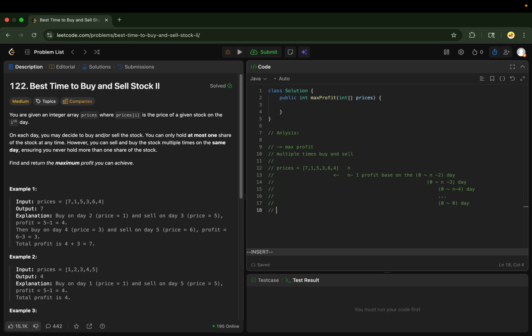So if we know this one, this subproblem, then we can get this one, and the next, and then we can get the last day. That is what we want.